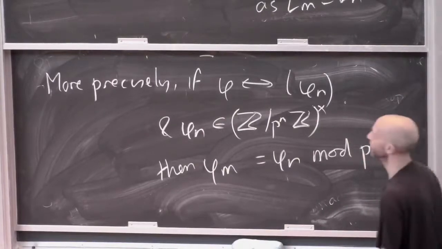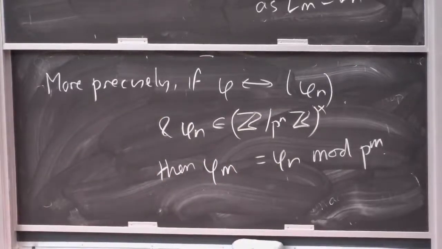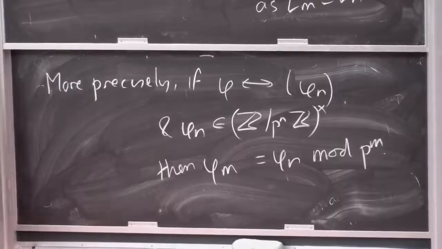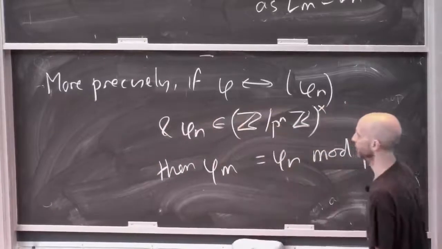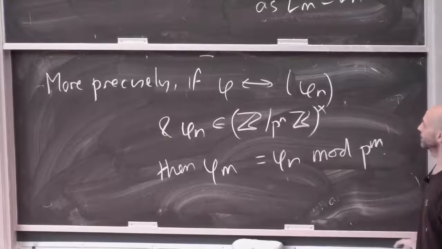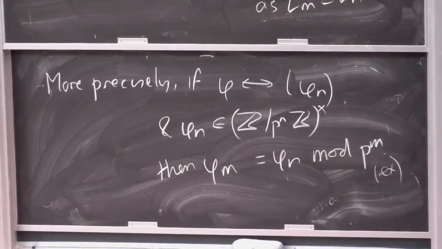Because what one needs to check here is that the canonical map from Gal(Ln over Q) to Gal(Lm over Q), I'm identifying these Galois groups with these (Z mod p to the n Z) star, and I'm claiming that the restriction maps on the Galois side are the obvious maps on the easy modular arithmetic side. That's what this content is here.